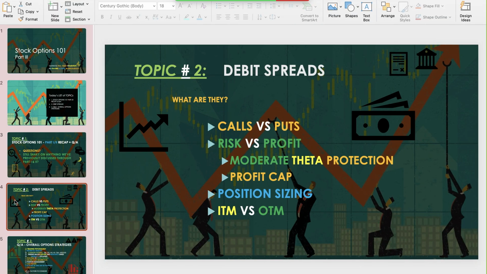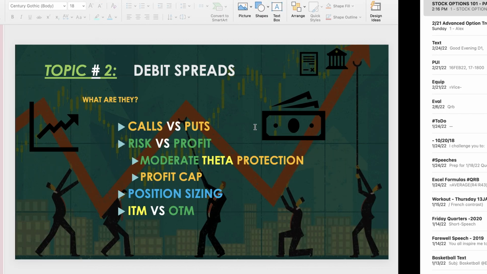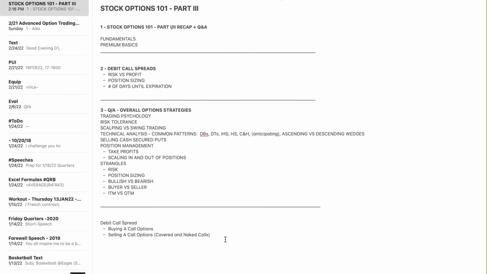All right, so calls versus puts, right? So we talked about debit call spread briefly, and now we can talk about debit put spreads, and then we'll go into some scenarios to discuss the differences in risk versus profit, position sizing, etc. All right, but debit put spread.